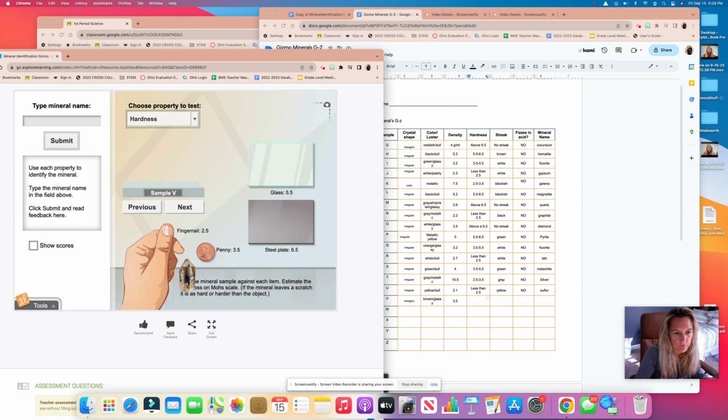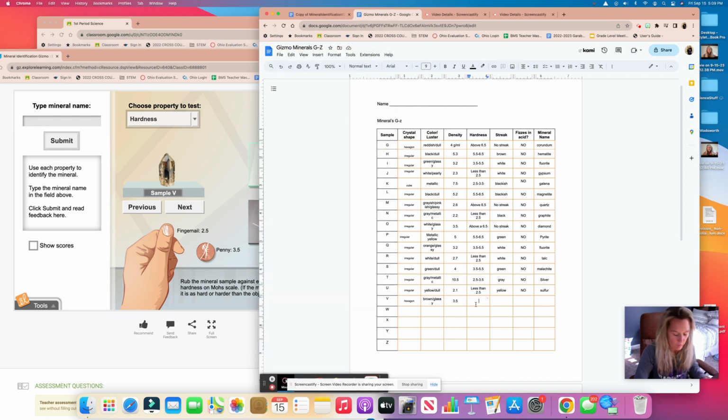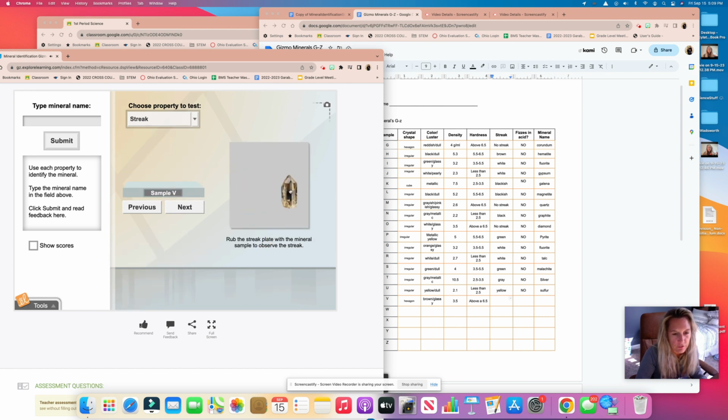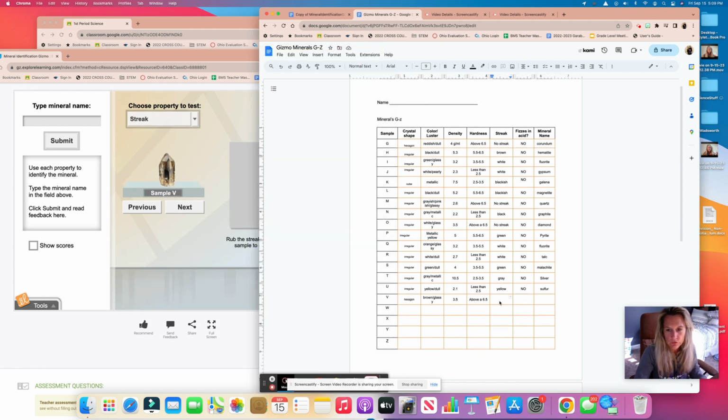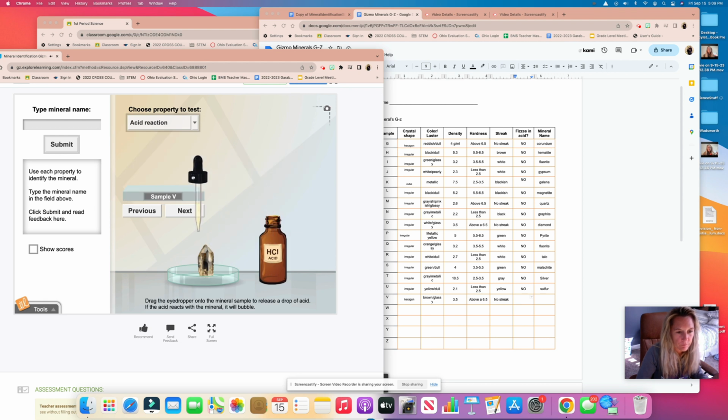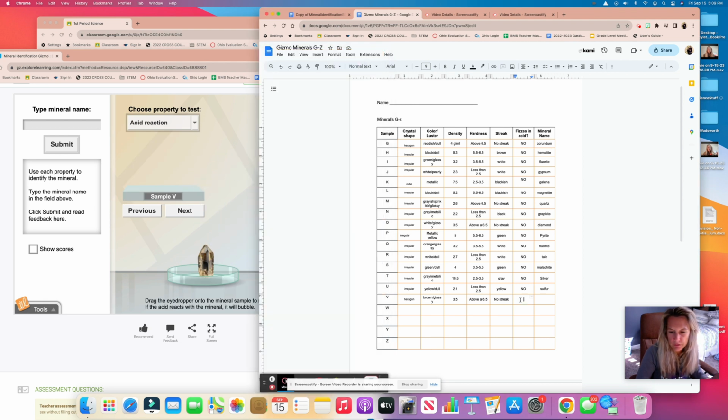It scratches a fingernail. It scratches a penny. It scratches the glass. It scratches the steel plate, so it has to be above a 6.5. All right, so streak, it's definitely not going to streak that streak plate because it's too hard. So no streak. And let's see if it reacts with acid. No acid reaction.